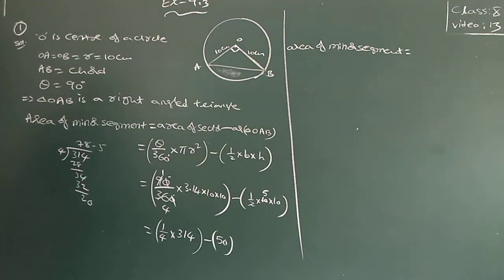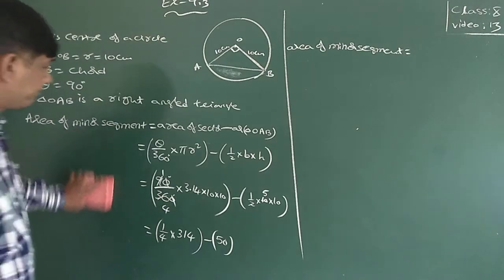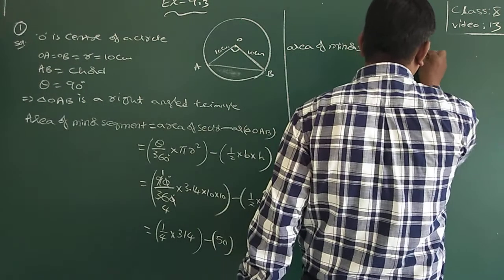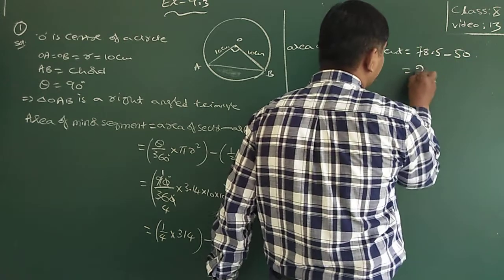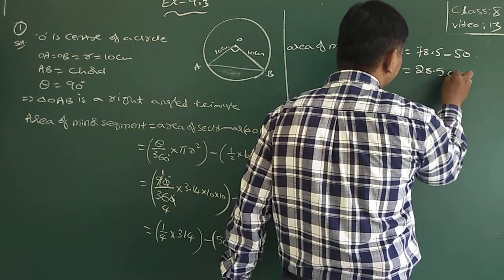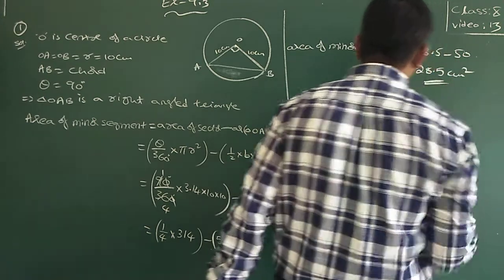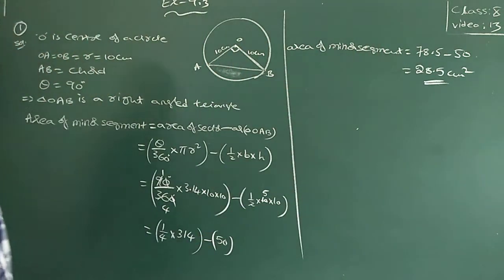Now check that one: 4 5s are 20, 4 8s are 32 plus 2 is 34, 4 7s are 28 plus 3 is 31. So 78.5. 78.5 minus 50 is equal to 28.5 centimeter square. This is the area of the minor segment.